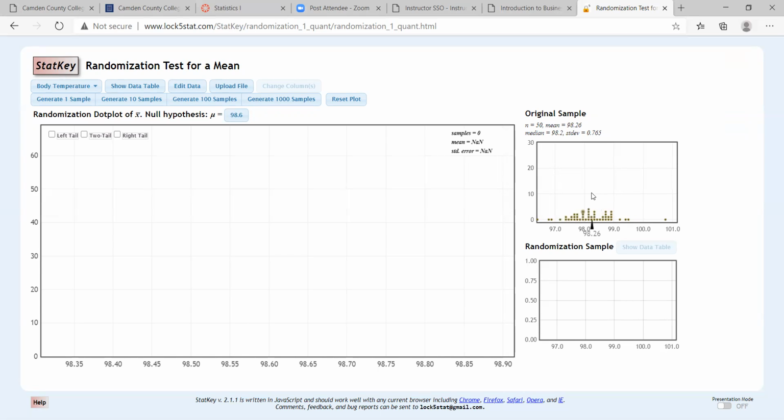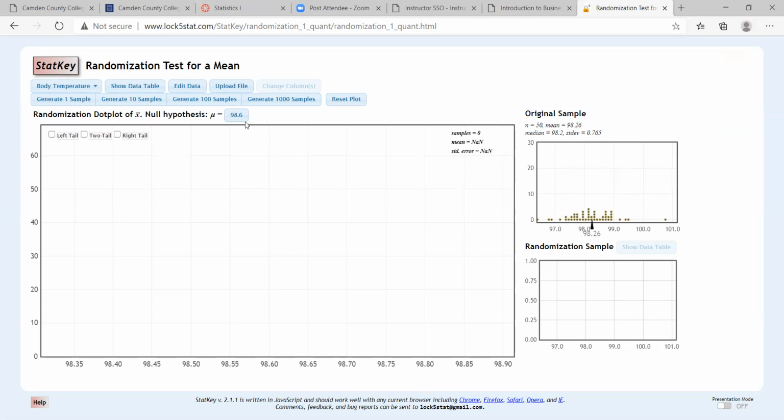Some people do run low temperatures. Anyway, this is 50 people, and the average for the 50 people is 98.26. So that's the average for the sample. Now, the randomization samples are basically samples that are drawn from a population with a mean of 98.6.